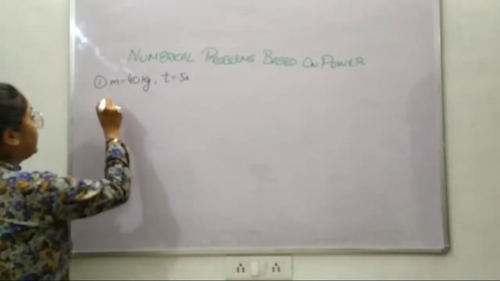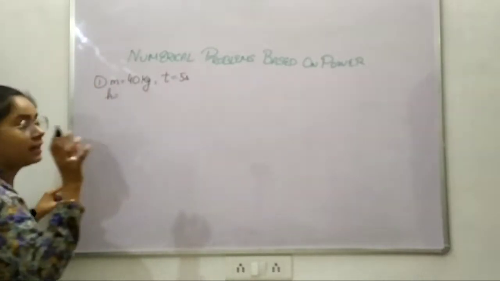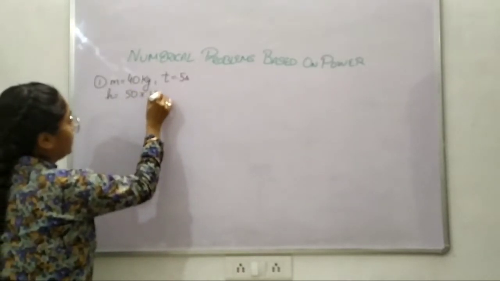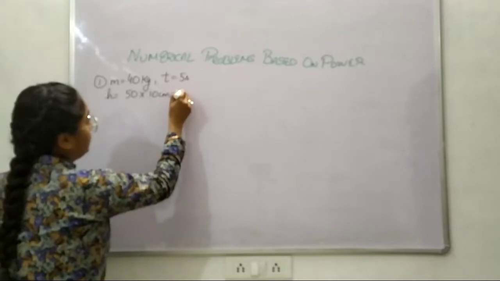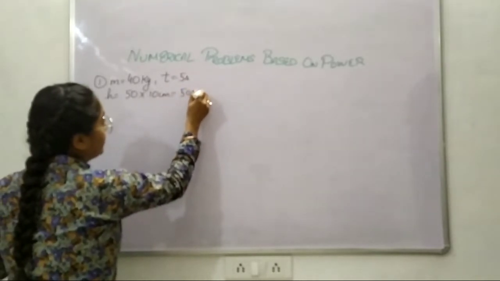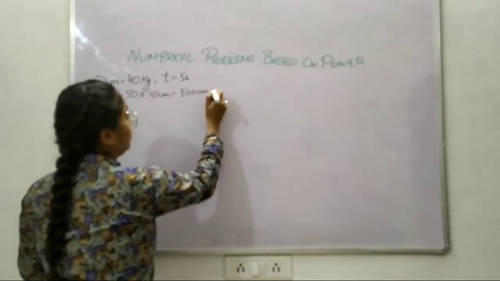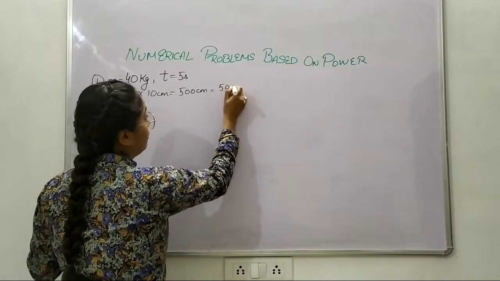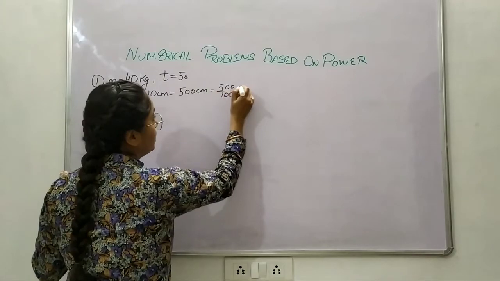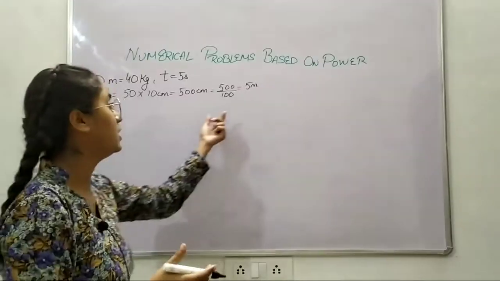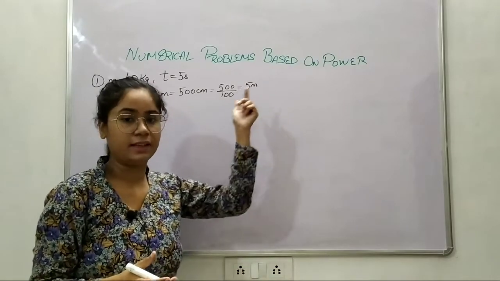To determine the height, there are 50 steps and each step is 10 cm. So we can calculate it as 500 cm, or in terms of SI, 500 over 100 equals 5 meters, because in SI we use meters for height.